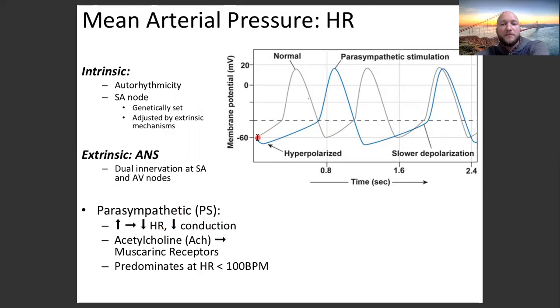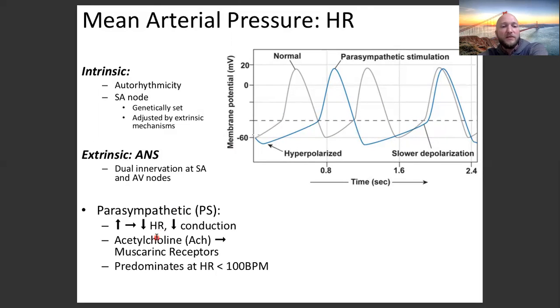It depolarizes by itself, muscle action potential, depolarizes, muscle action potential. Stimulation from the parasympathetic nervous system delays that time. It adds some IPSPs, analogous to that, to slow down the rate at which the heart beats.